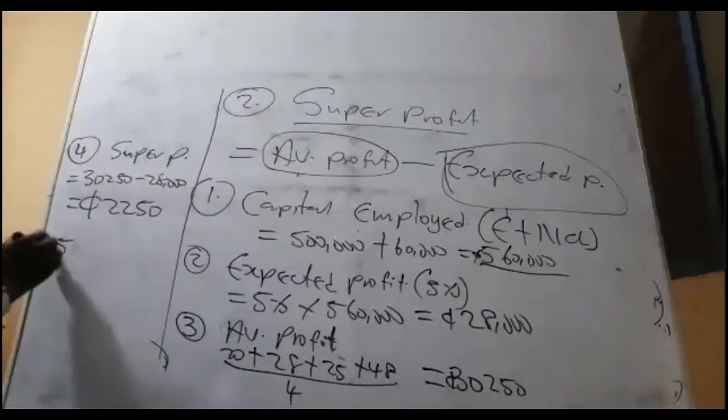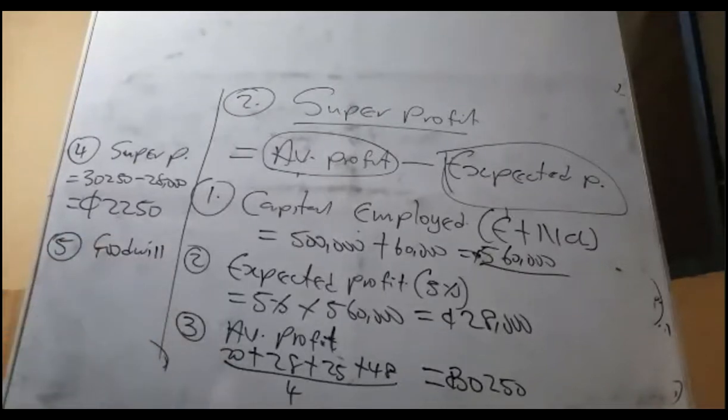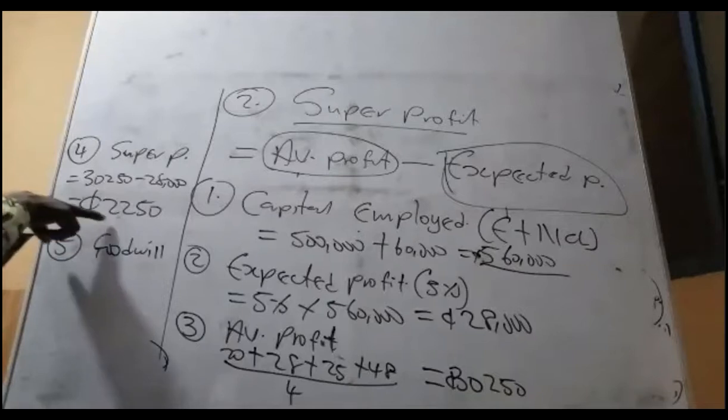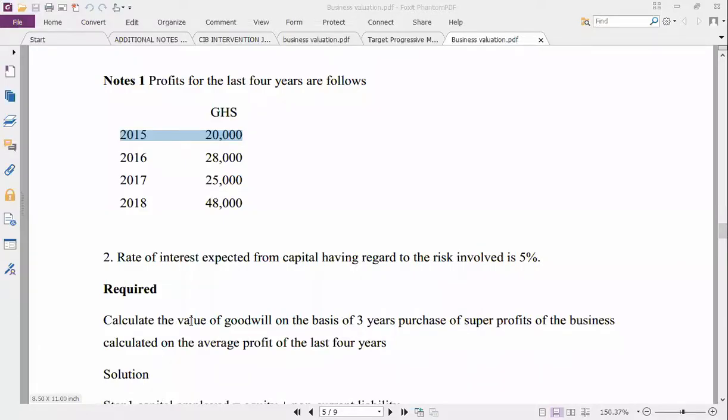The last step, step 5, you calculate the goodwill. They will tell you 2 years purchase. That means they're going to purchase 2 years of this. It could be 3 years, 4 years, 5 years, 10 years, any of them. But here they say: calculate the value of the goodwill on the basis of 3 years purchase of super profits of the business. So here it will be 3 years times what? 3.